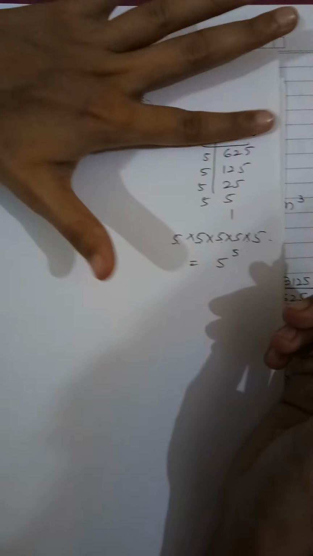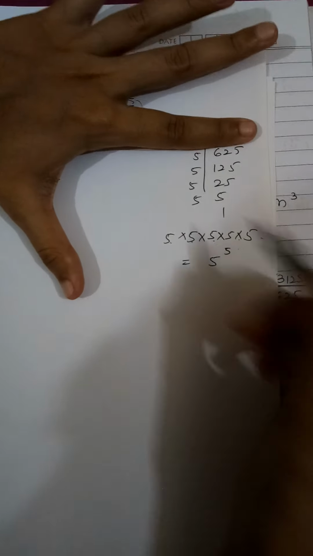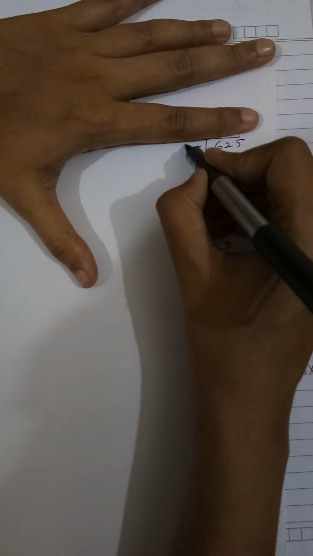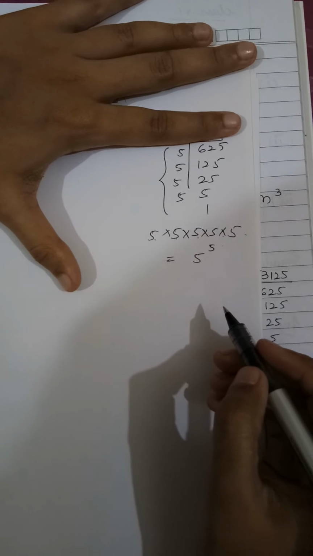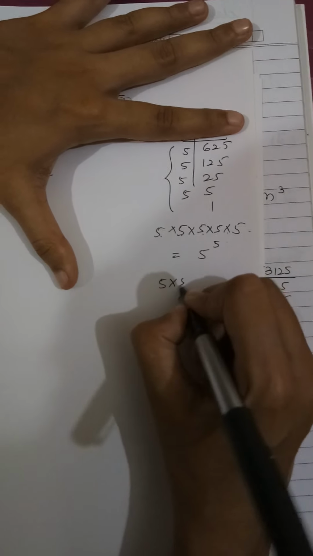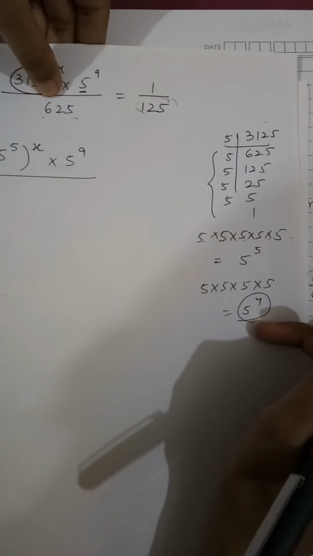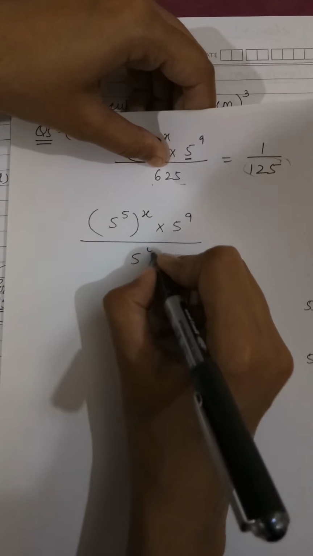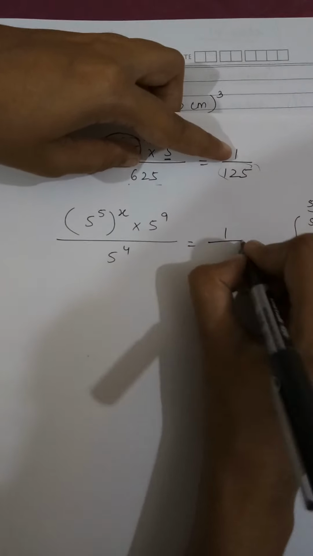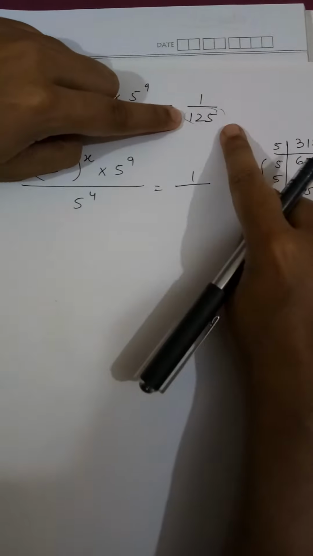Now 625 I am going to factorize. Again I have 5, how many times? 4 times. So 5 into 5 into 5 into 5 will become 5 to the power 4. So instead of 625 I can write 5 to the power 4, equals to 1 upon, now 125 is there.